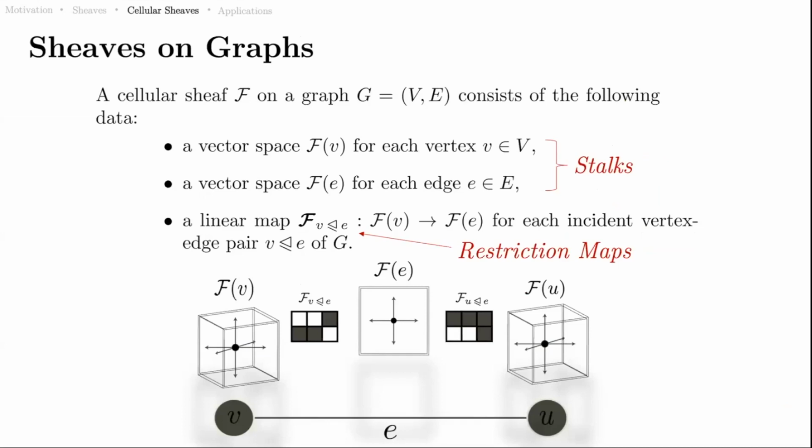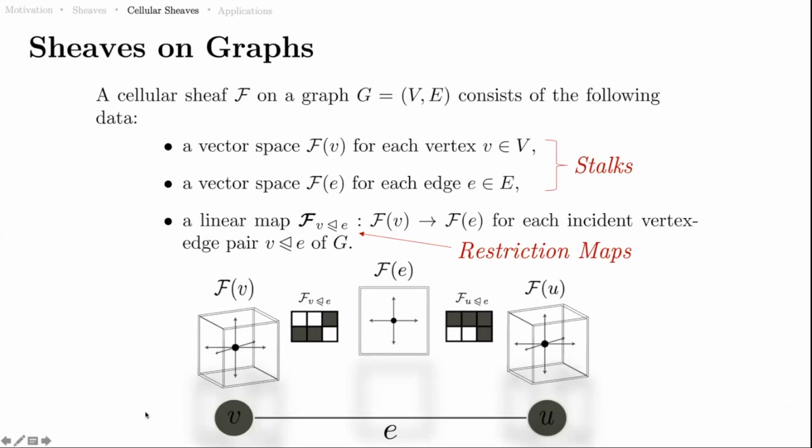Okay, so let's drop all the way down to just defining what a sheaf on a graph looks like. We're given a graph G. A cellular sheaf on a graph is an assignment of a vector space to each vertex, a vector space for each edge, and then these restriction maps, which are now linear maps because we're working in the category of vector spaces, for each incident vertex-edge pair.